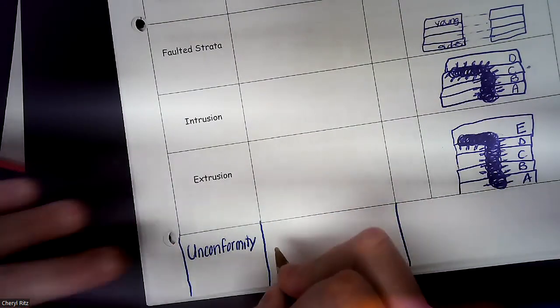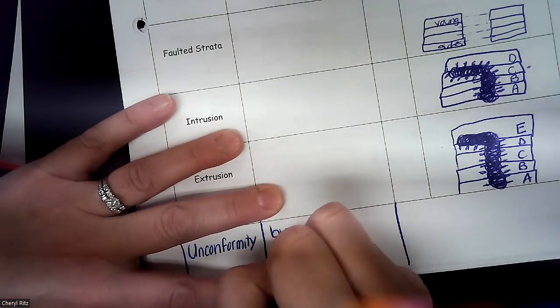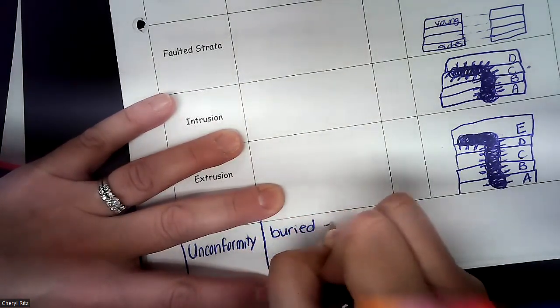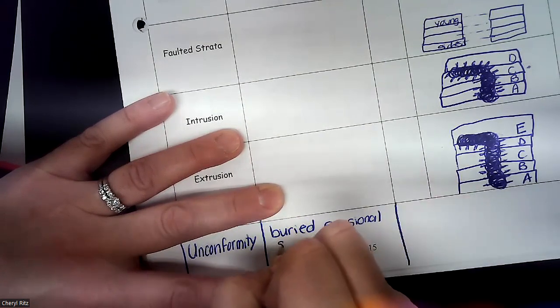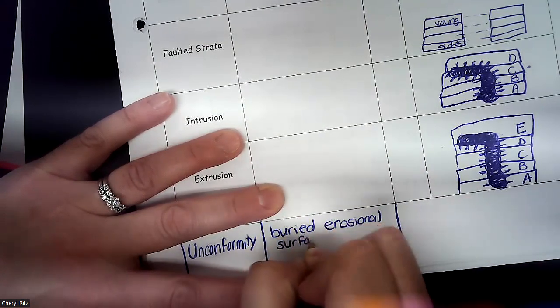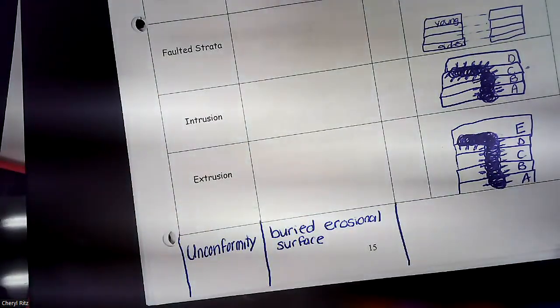So as the question said, it is a buried erosional surface. And I'm going to demonstrate it with Play-Doh like we've been doing. So give me a second while I make some layers here.